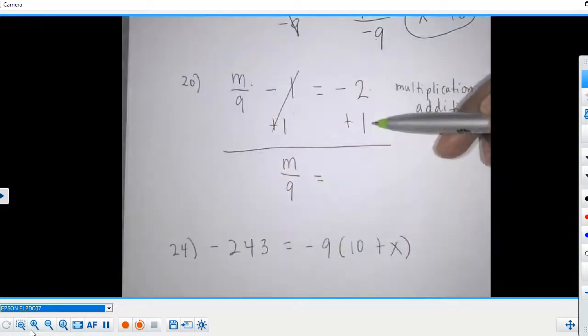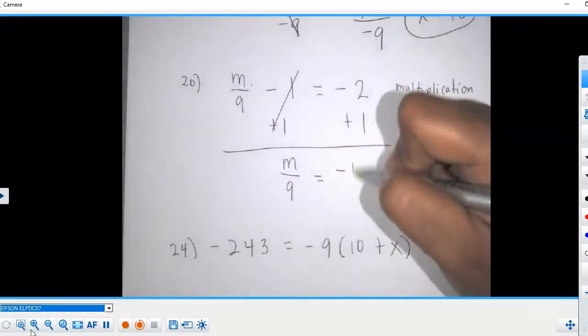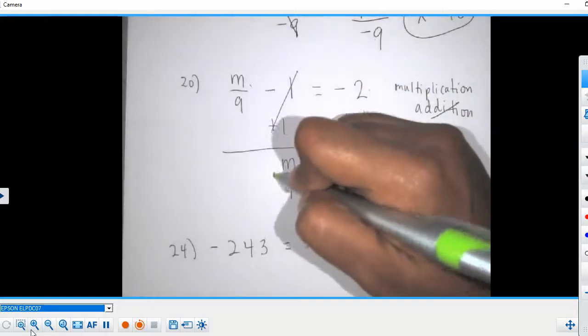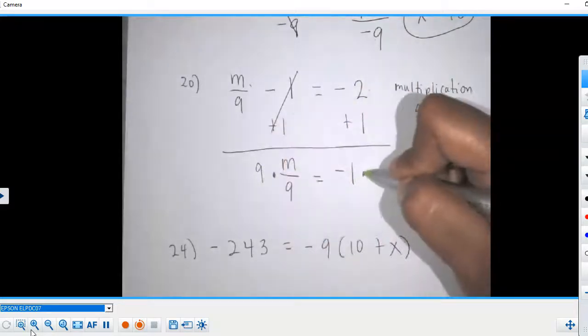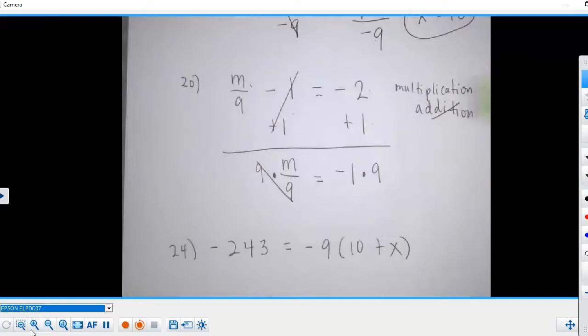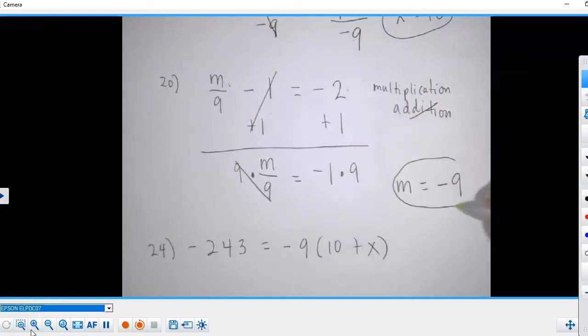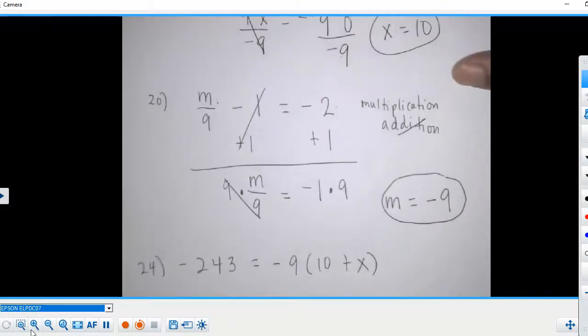When we subtract, that's negative 1. Keep the sign of the bigger number. And we've taken care of addition. For the multiplication, we're multiplying by 9 on both sides. So I hope this is getting easier. The final answer is m equals negative 9. Easy, easy, easy. All right, last one.